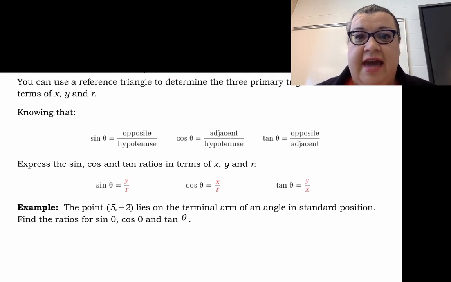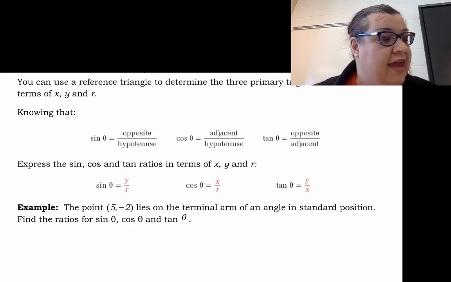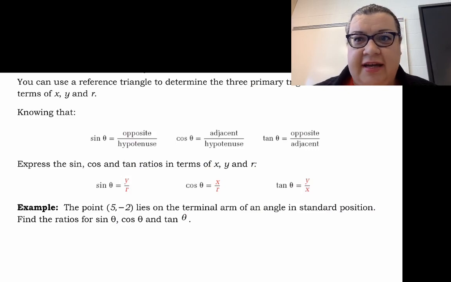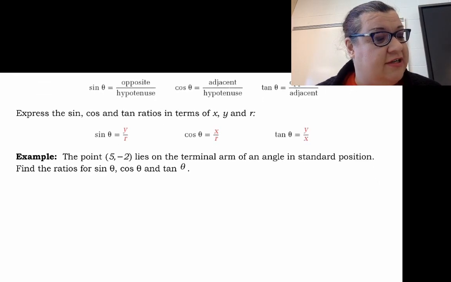Cosine theta is x divided by r. And tan theta is y divided by x. Okay? And if you don't have those memorized, that's okay. You can always figure them out from the picture, as long as you've got your three trig ratios memorized, which you should because you know SOHCAHTOA. Then you're good to go.